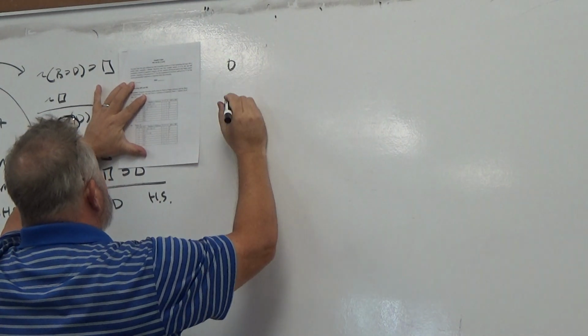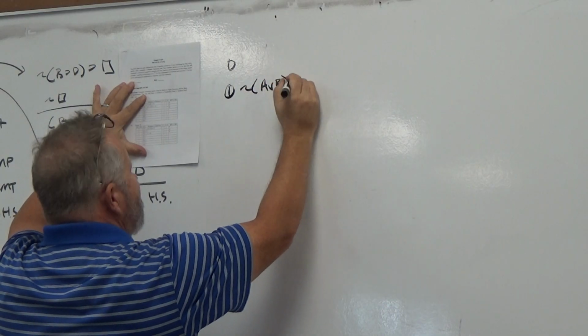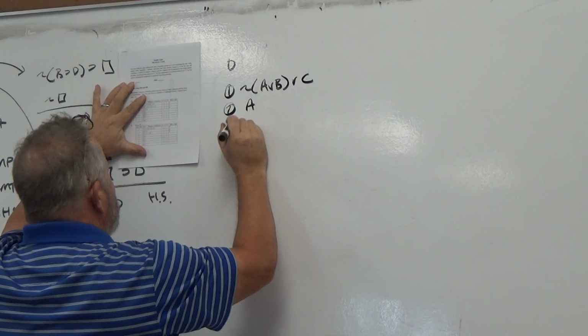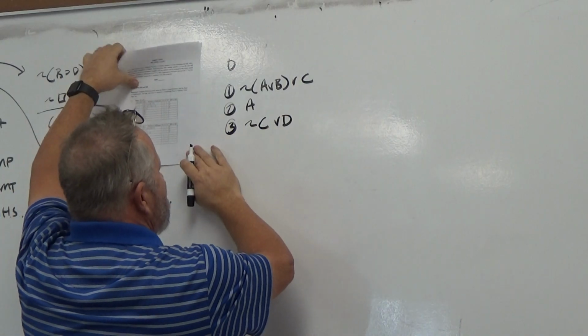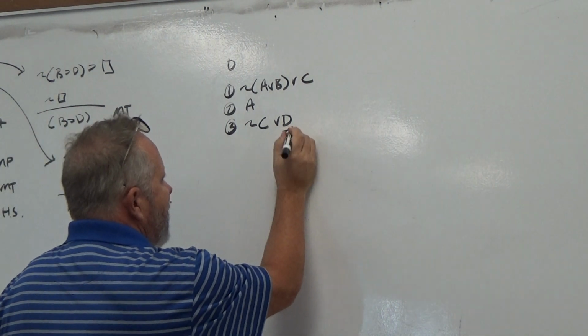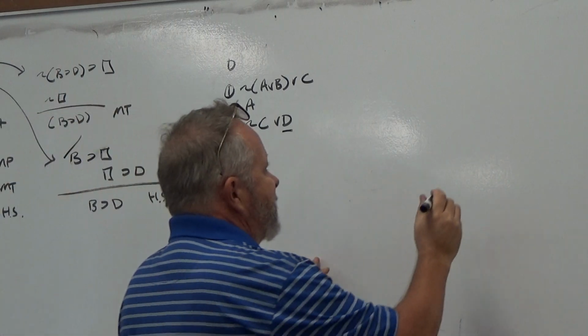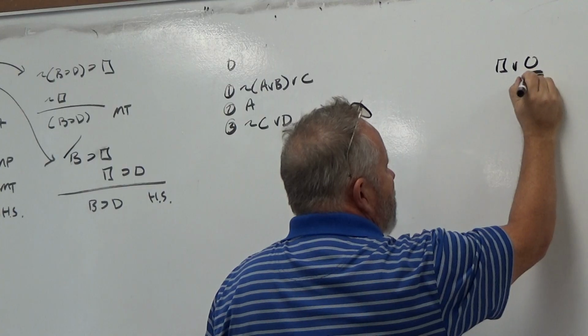This is prove D, and we have not A or B or C. We have A, and we have not C or D. Okay, so I look around for what I need, a D, and I see a D right here, and it's part of a disjunction, okay? So how do I get something out of a disjunction? So let's suppose I have box or circle, and this is what I want.